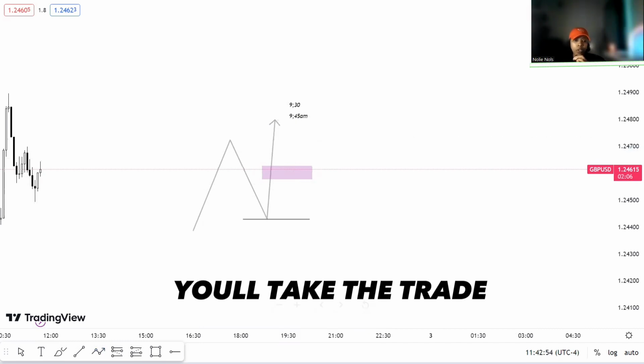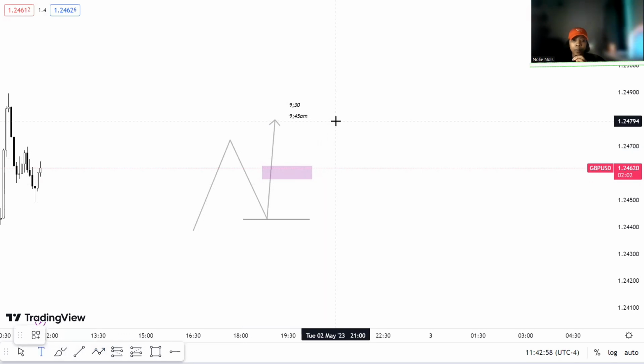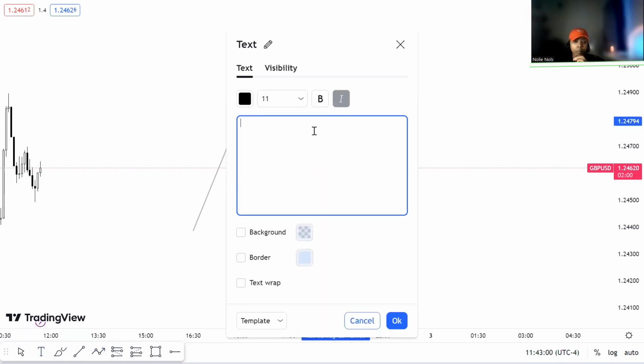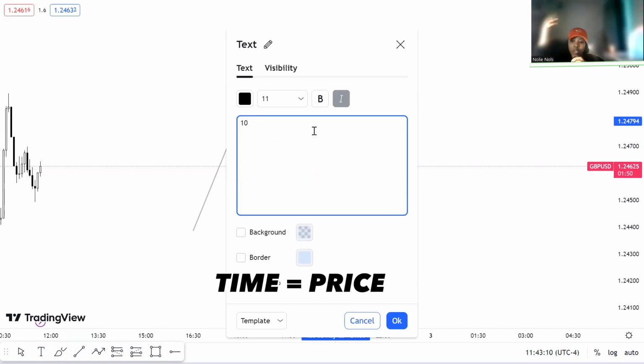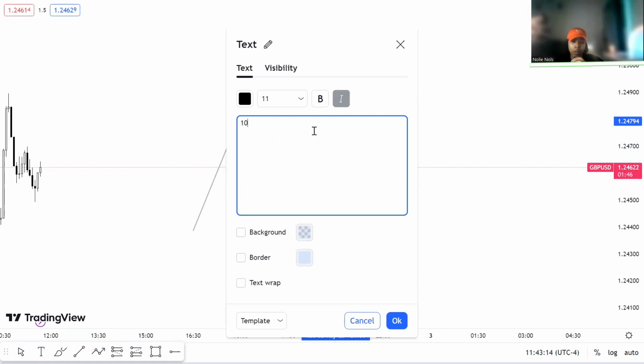So you will take the trade at 10. The time is very important in Forex. Time is very, very important. Time is equal price. So you need to look at the time, then you trade. That's why I'm giving you the time first, and then I'll give you the price, okay?